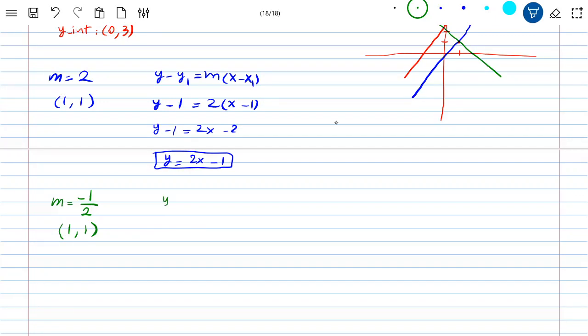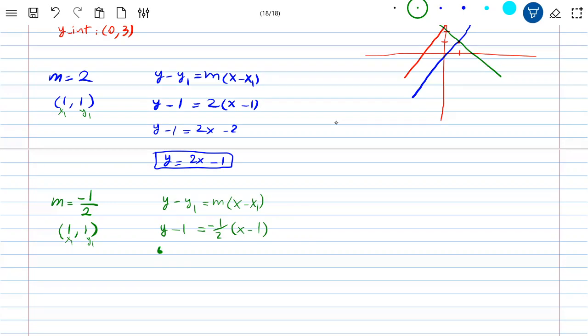And what do we use? The equation of a line, y minus y1 equals m times x minus x1. There is no difference. It's just the numbers have changed a bit. Instead of 2, now the slope is -1/2. x minus 1. I'm using the point, this is x1 and y1. The same here, x1, y1.